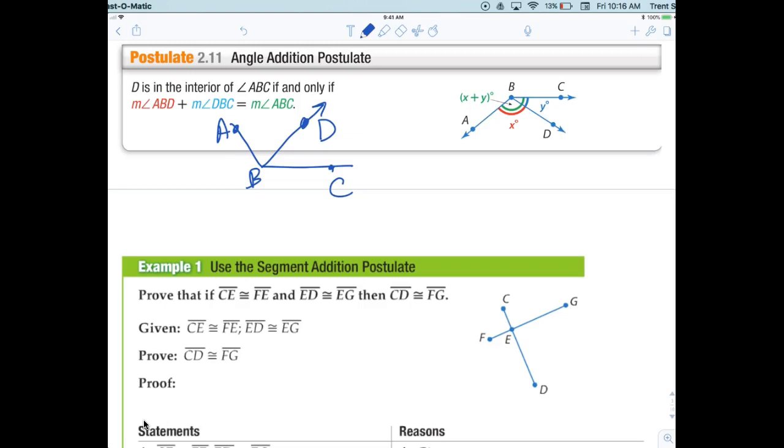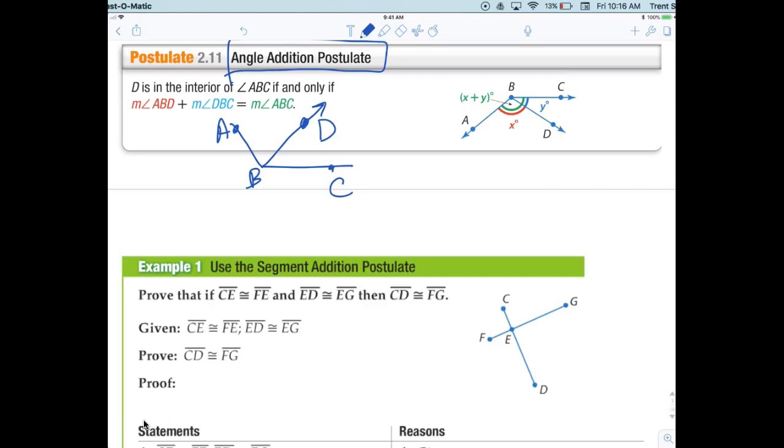Now, why is this again called an angle addition postulate? Why is it called a postulate? Because we have to accept that it's true. I would say that's common sense, right? So what is that saying?